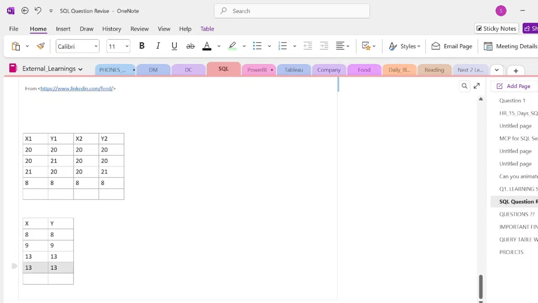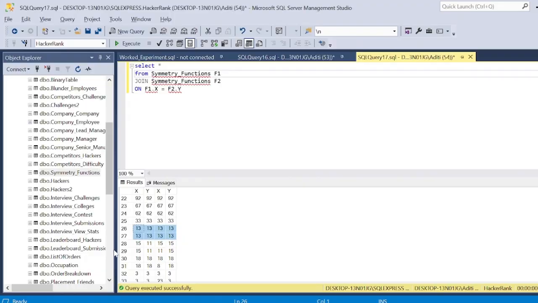Now this can be considered a valid scenario, because x1 is equal to the y2 and x2 is equal to the y1. This is a symmetric pair. So for that, the entry count must be greater than 1. That's the only thing that needs to be focused on in this question.